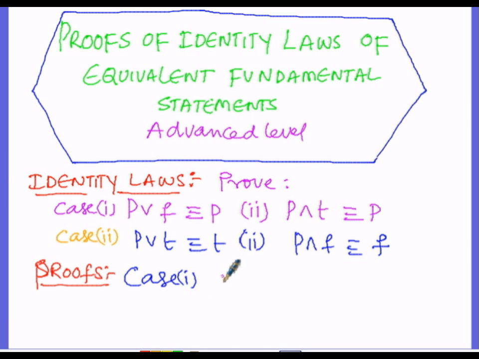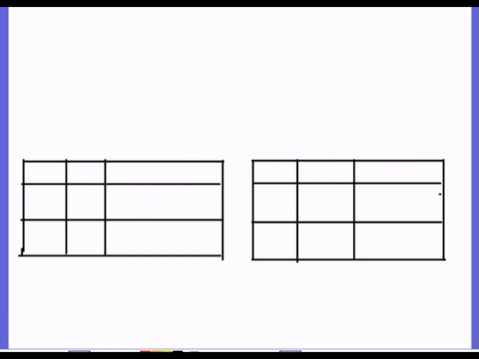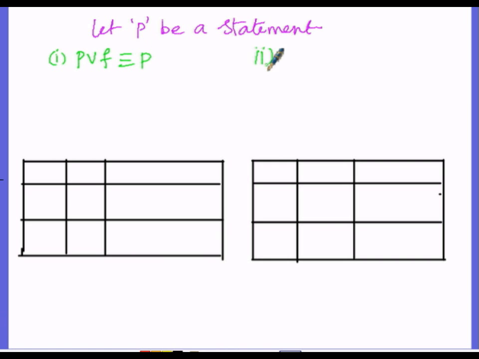As per the conditions given to us, the first one is P or F is identically equal to P, and the second one is P and T is identically equal to P. In the next logical step, we are going to prove the condition, but here we have to suppose let P be a statement, and we have to prove number 1, P or F is identically equal to P, and the second one, P and T is identically equal to P.